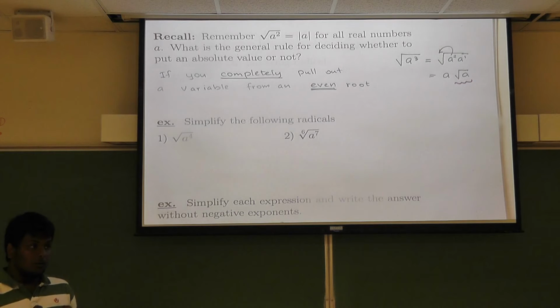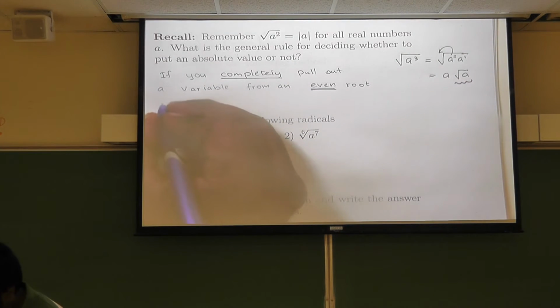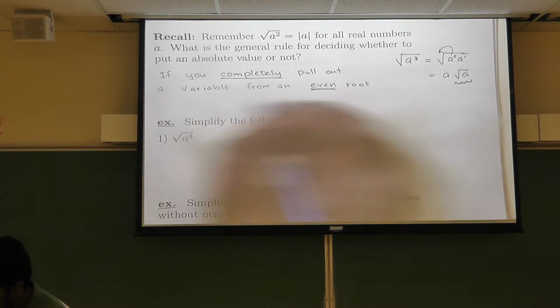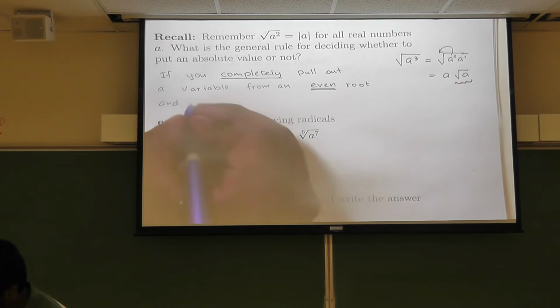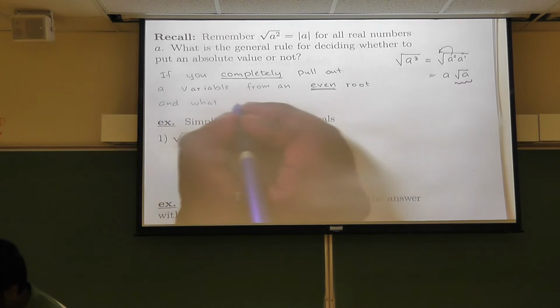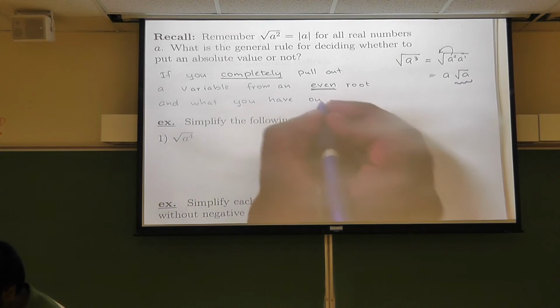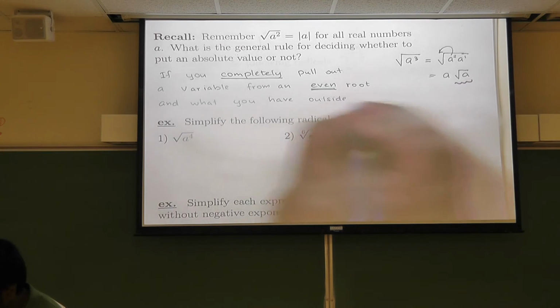If you completely pull out a variable from an even root, and what you have outside has an odd exponent.